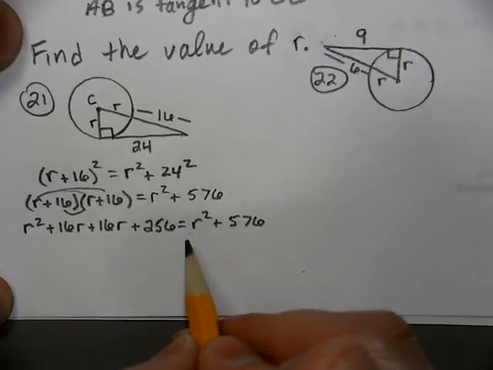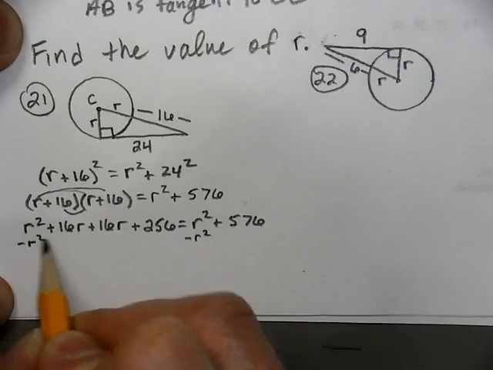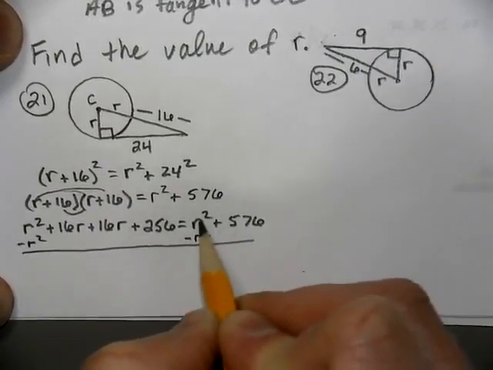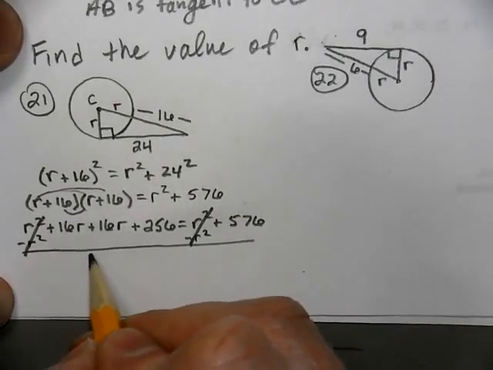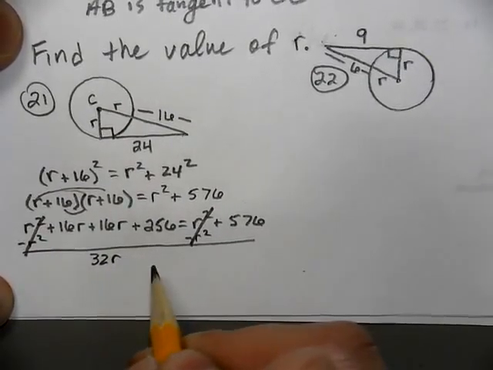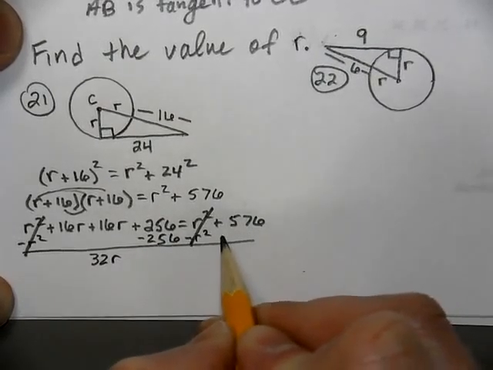Well, when we start to collect like terms, we're going to subtract the R squared across and that's helpful because that gets rid of our squares completely. That's going to leave us with 32r on this side. We'll subtract our 256.